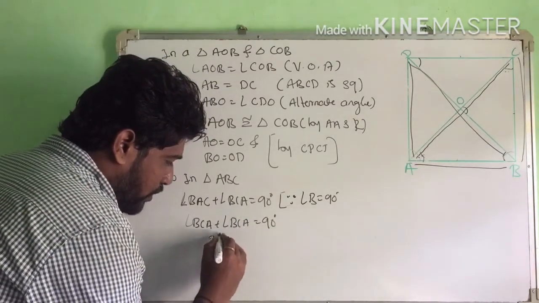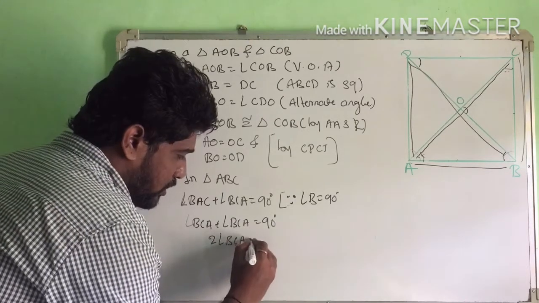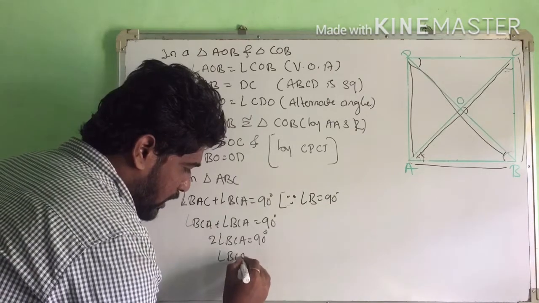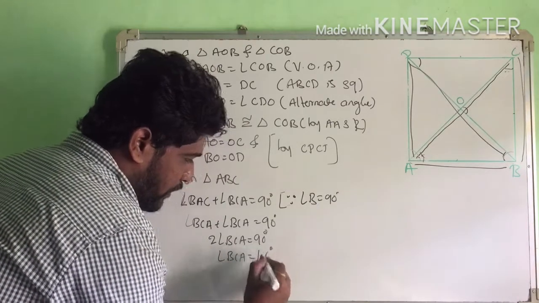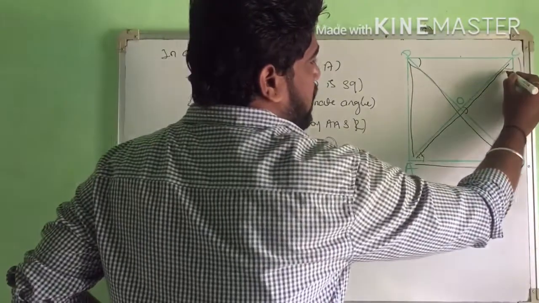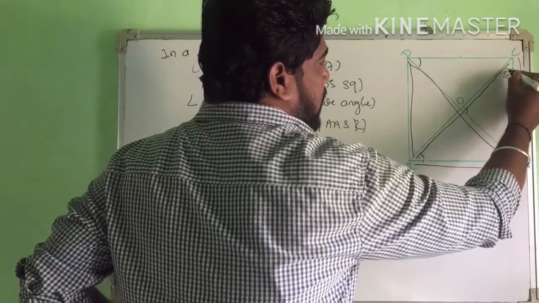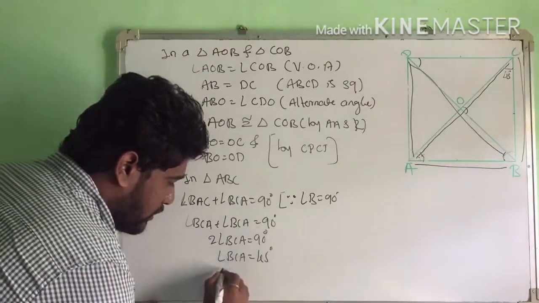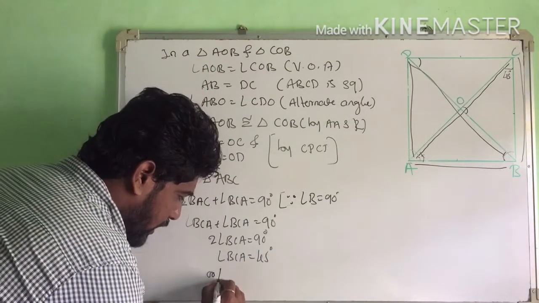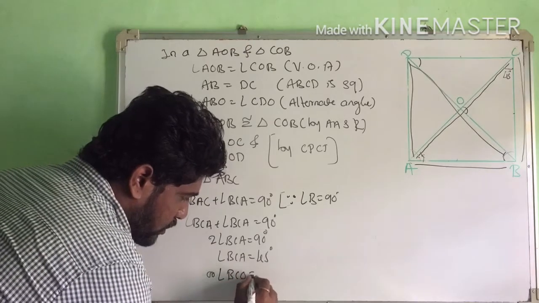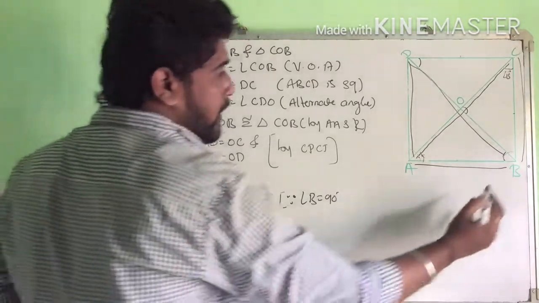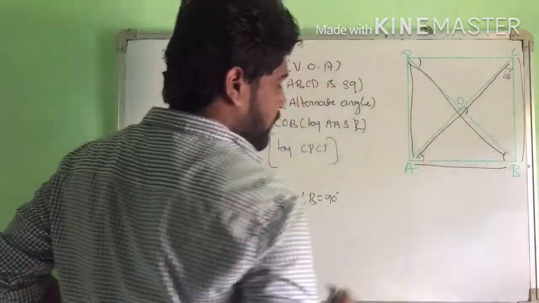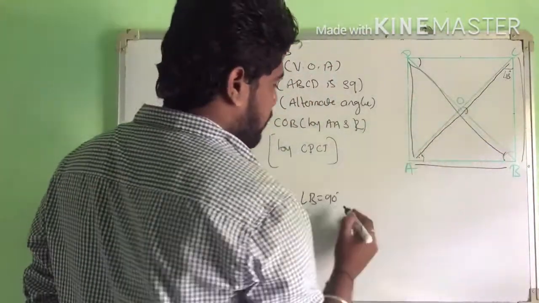So 2 times angle BCA is equal to 90. Then angle BCA is equal to 45, right? So angle BCA is 45, which means angle BCO is also 45. So this angle is 45.